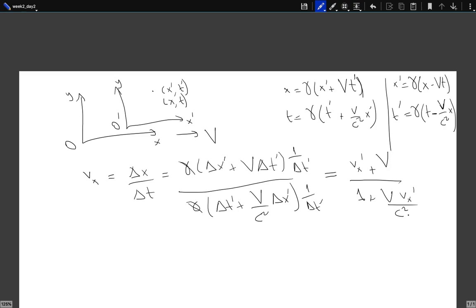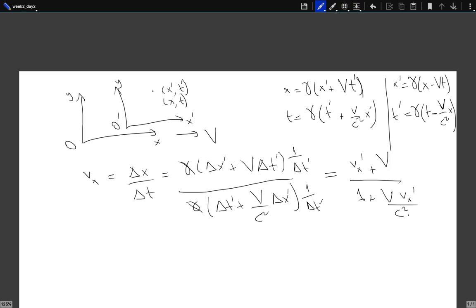So this was one of the addition of velocities. Here vx prime is the x component of the velocity measured in the other reference frame. V is the velocity of that other reference frame. And you just sum them up. This was what we had in Galilean relativity in 109. But we have this additional correction due to relativistic effects.